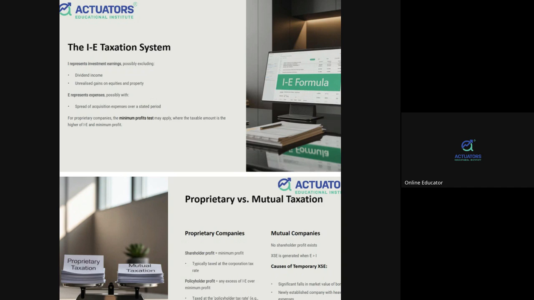When we broke down the I minus E equation, we saw that shareholder profit and policyholder profit together become I minus E. Shareholder profit was nothing but the trading profit part that we talked about. And anything over and above that, the gap between the trading profit and your I minus E profit, simply becomes the policyholder profit.